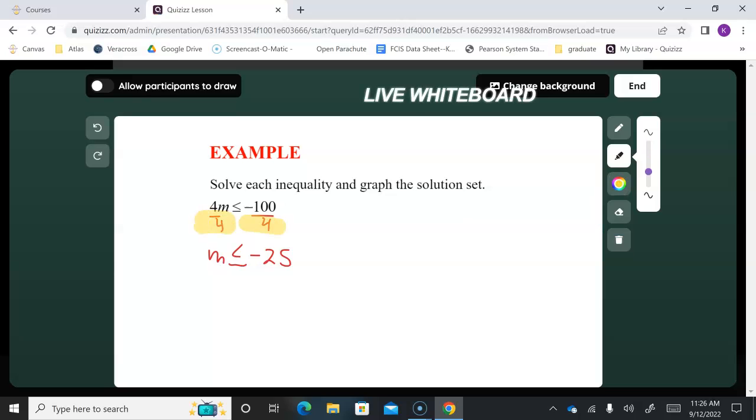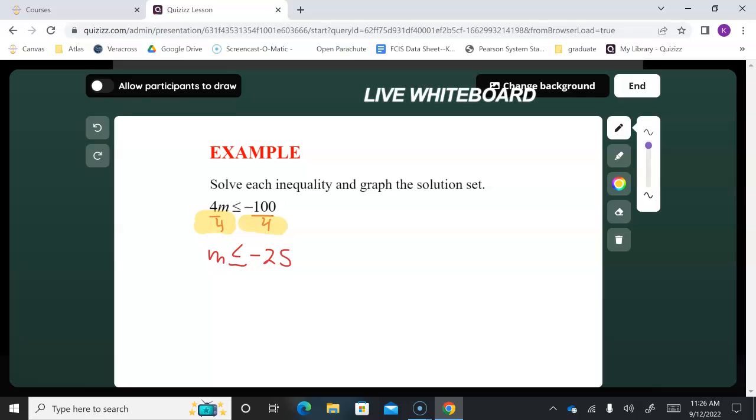Was this negative? No. So I don't have to flip anything. Leave it alone. I don't care that the 100 is negative. It does not matter what the constant is. Only the coefficient. Okay? So since the 4 was positive, there is no change on the inequality sign. None at all. Stays just like that.